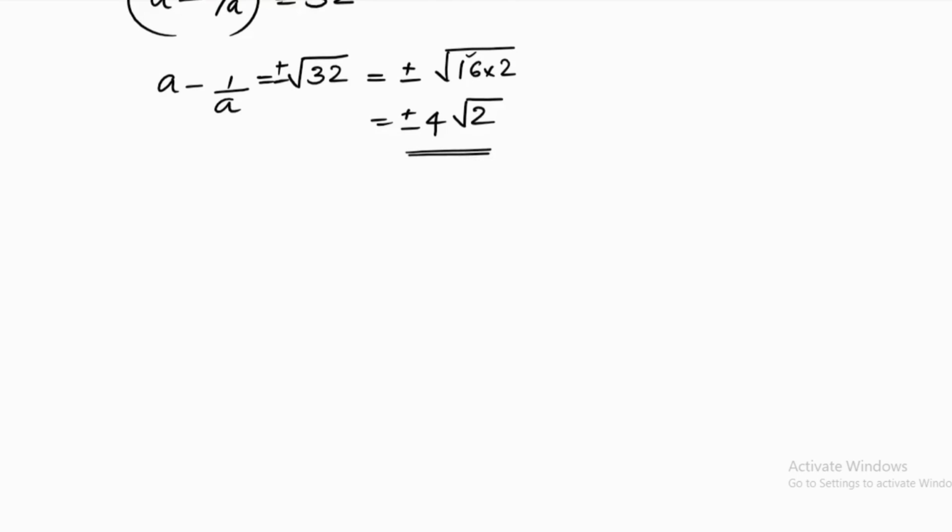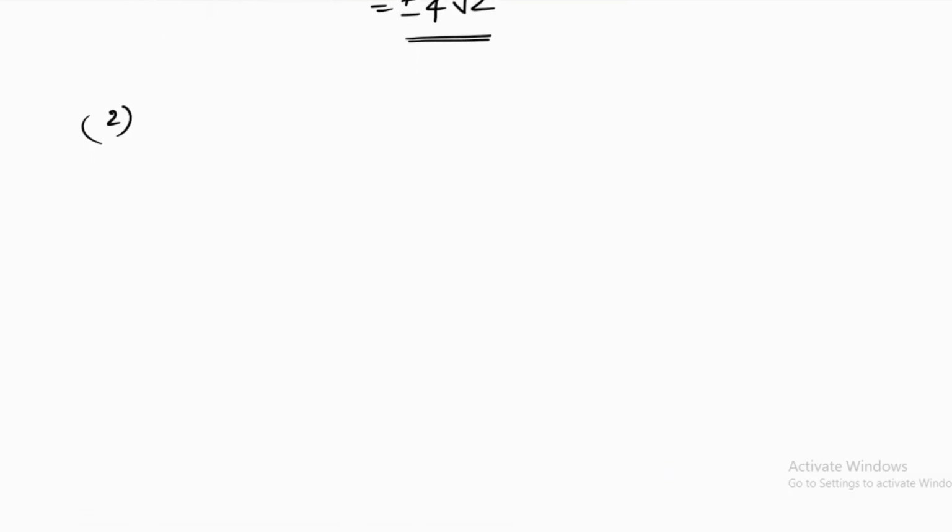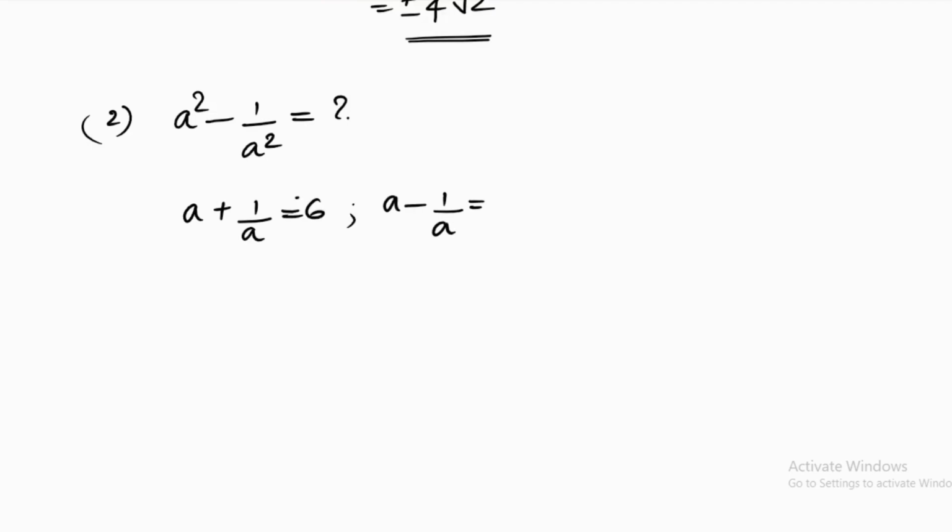Okay. Now the second question which you have to find is a square minus 1 by a square, right? This is what you have to find in the second part. So given that, now we know the value of a plus 1 by a equals 6 and a minus 1 by a also we know, we have already found it as plus or minus 4 root 2, right?